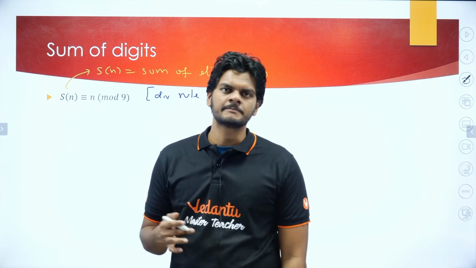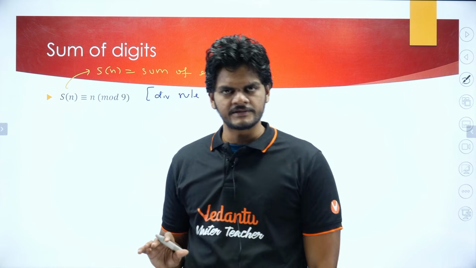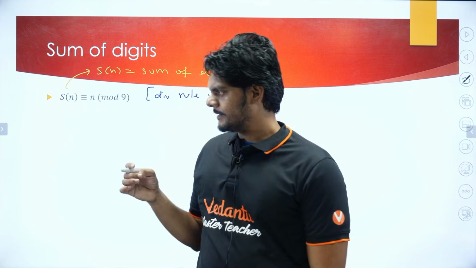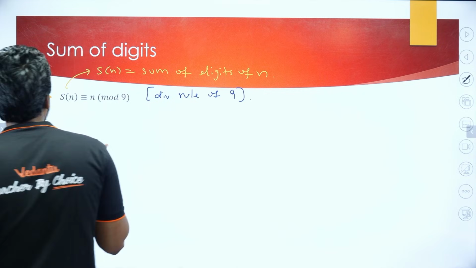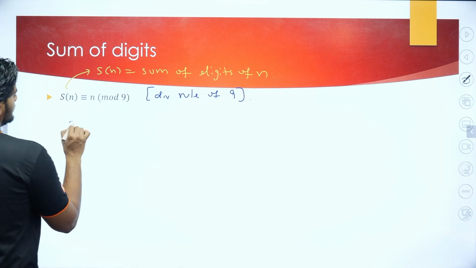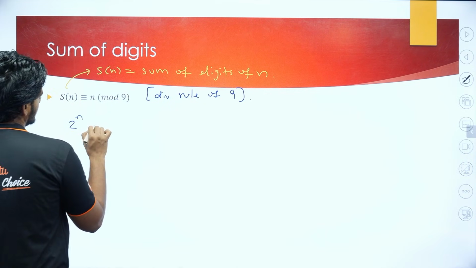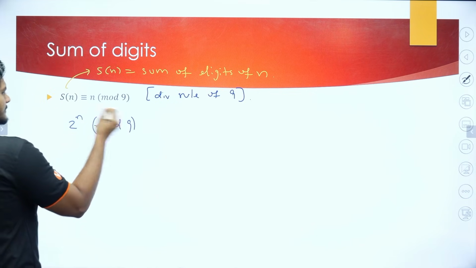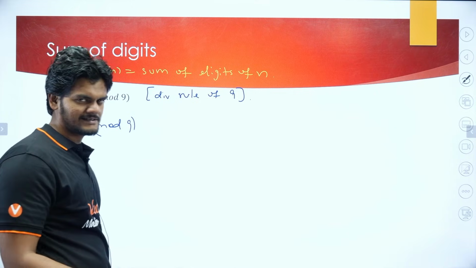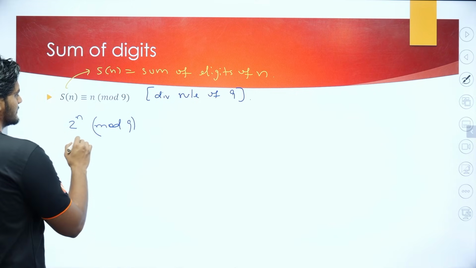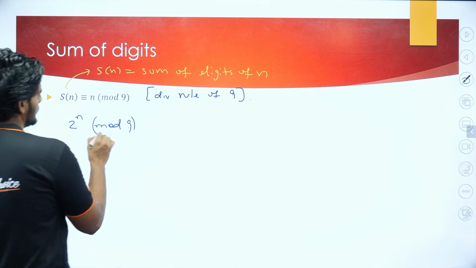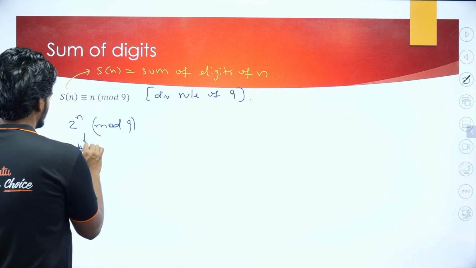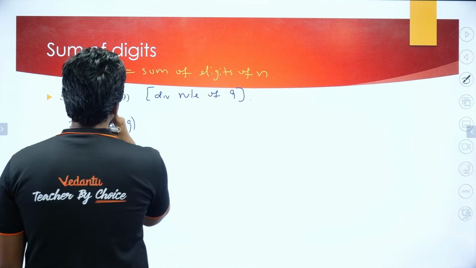Although we will do a separate lecture based on unit digits and last 2 digits, covering all that, now I want to briefly tell you, if you take 2 power n mod 9, in fact, if you take any number power n mod anything, there is a very interesting pattern which you will observe. So, I leave this to you as homework, because the next question is going to be related to this.